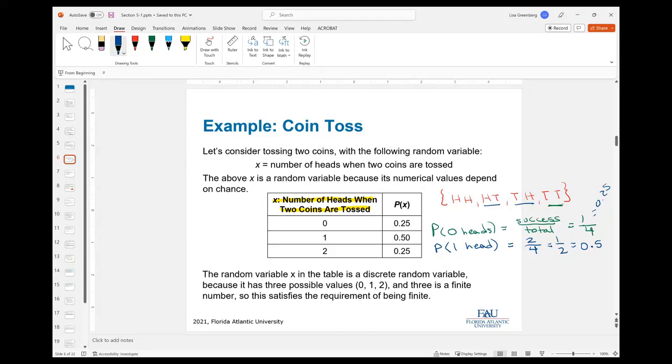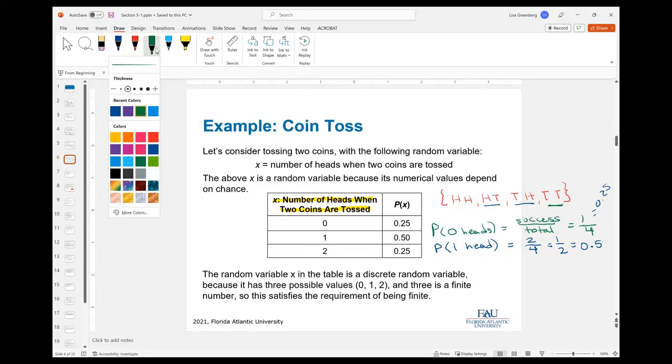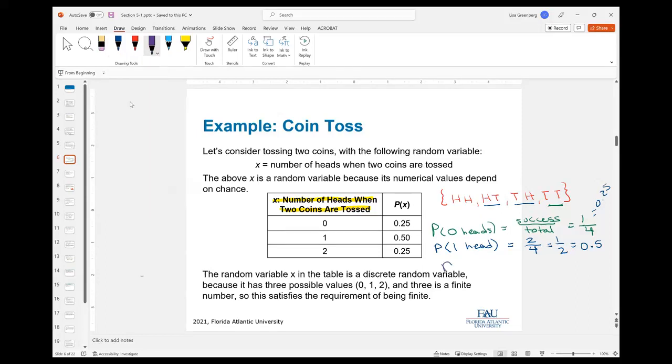And lastly, let's use purple. The probability of two heads equals, well, there's only one of those. So it's 1 out of 4, which is equal to 0.25. So that's how I get my values. Now I've set up my table.